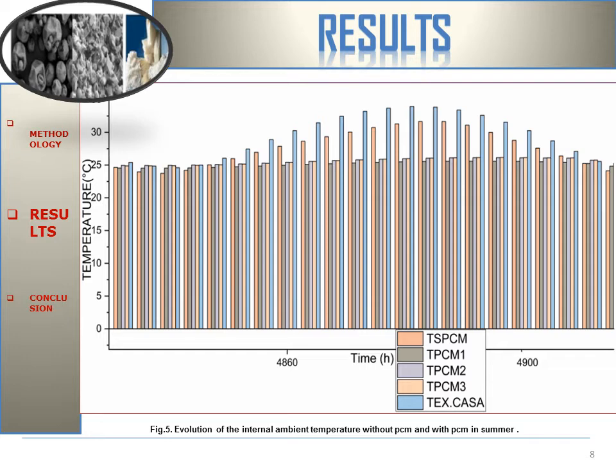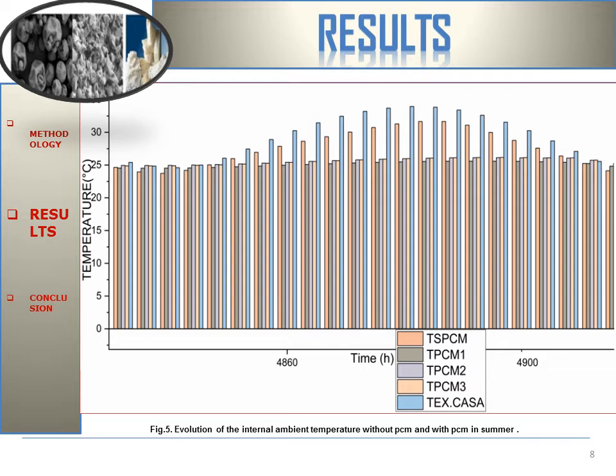The internal ambient temperature with PCM1 is 25.8 degrees Celsius, PCM2 26 degrees Celsius, and PCM3 26.6 degrees Celsius, and without PCM the ambient temperature is 28 degrees Celsius, a maximum temperature difference of 2.3 degrees Celsius. In contrast, wall 1 gives the best control of internal thermal comfort and humidity, with large storage for phase change temperature and energy saving.